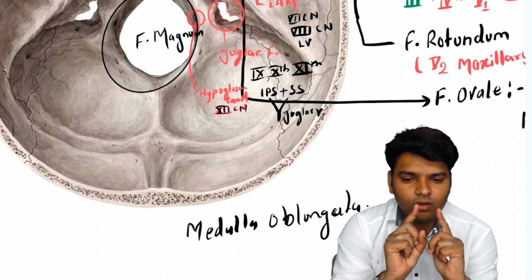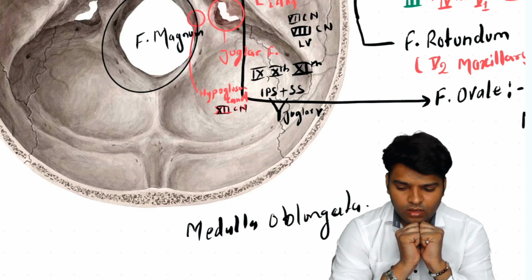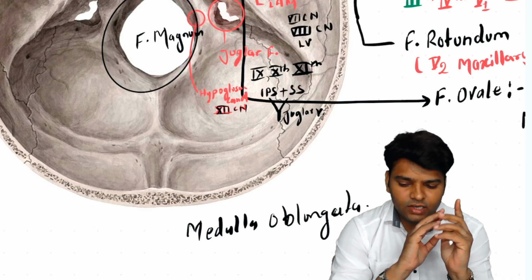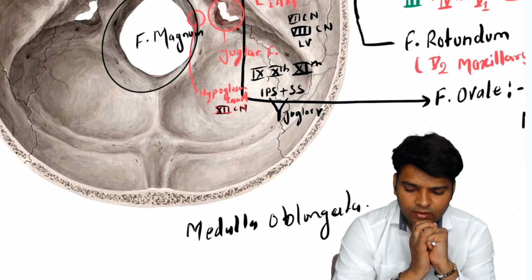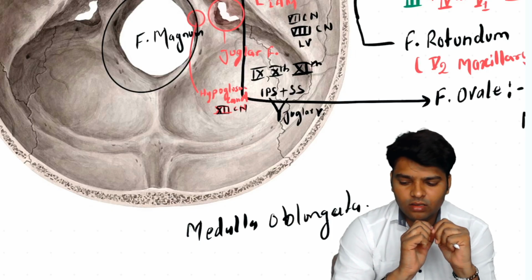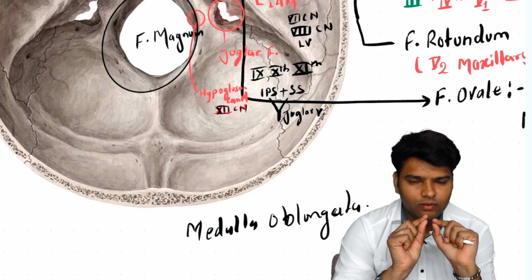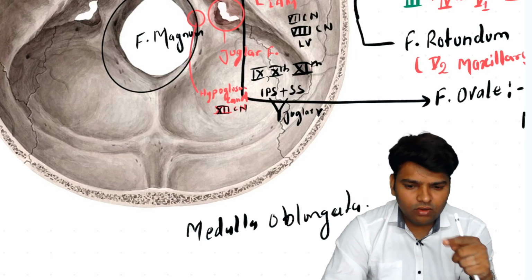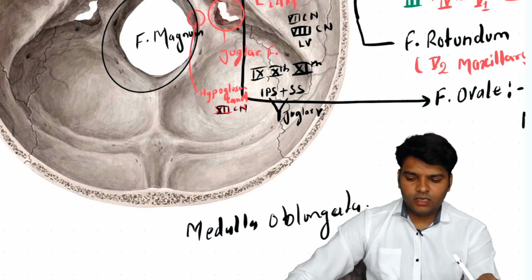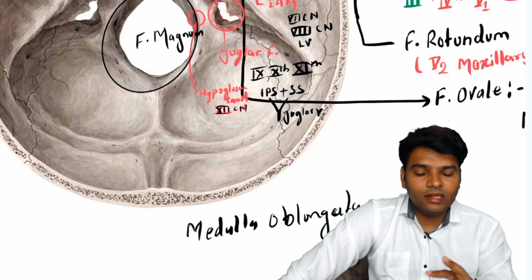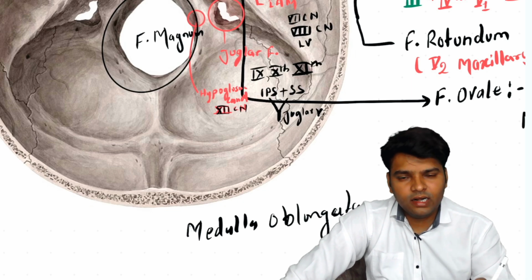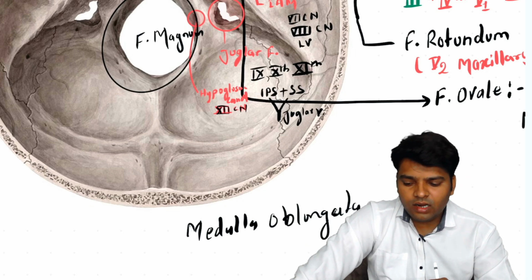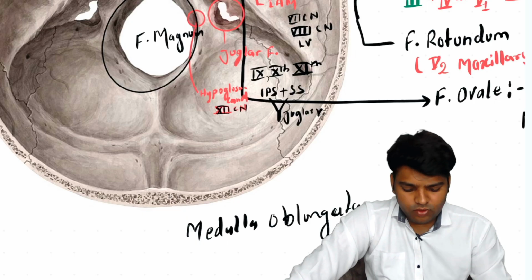Along with the medulla oblongata, the branches of the anterior spinal artery and the posterior spinal artery, and the vertebral artery pass through along with the medulla oblongata. The two branches of the vertebral artery, the anterior spinal artery and the posterior spinal artery, pass through the foramen magnum.